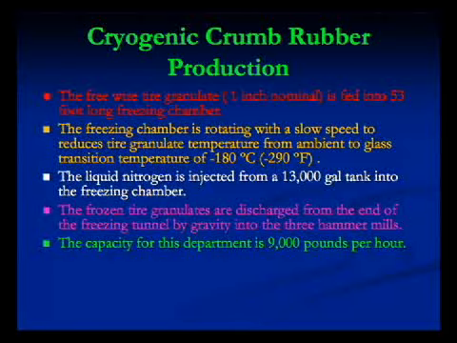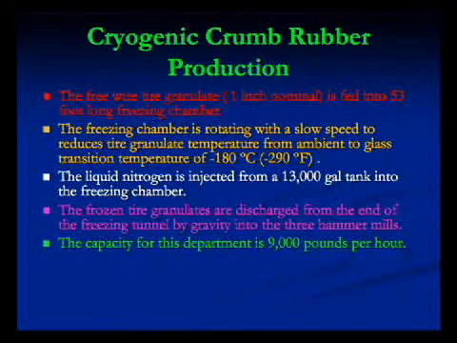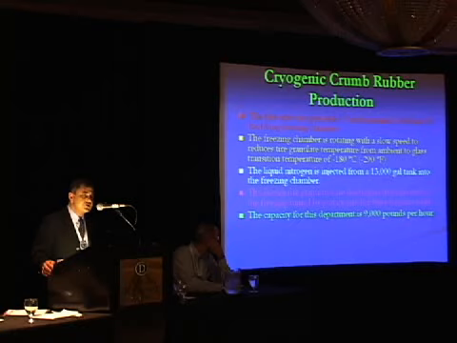It's frozen by liquid nitrogen. We bring the temperature of the tire chip down to minus 290 degrees Fahrenheit, or minus 180 degrees Celsius. The production capacity of this type of line is about 9,000 pounds per hour, or 800 tires per hour.